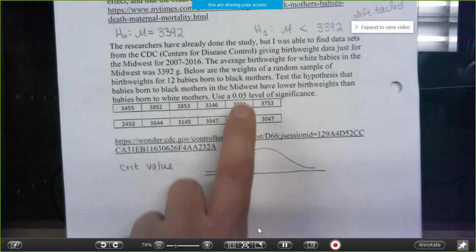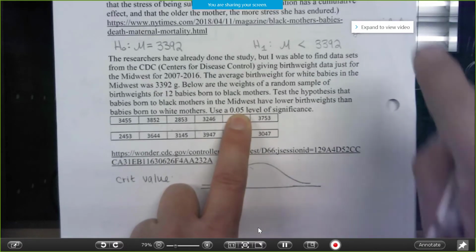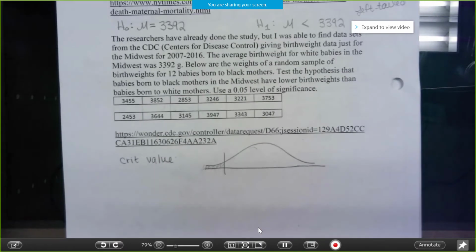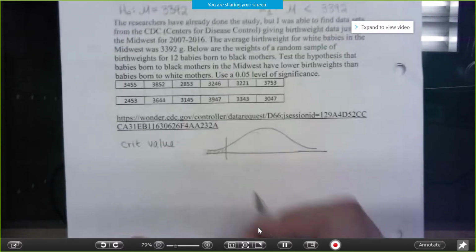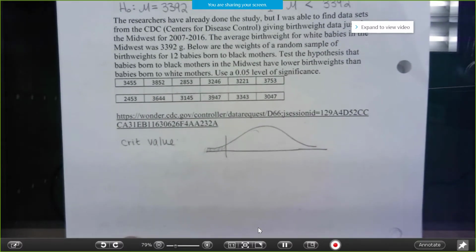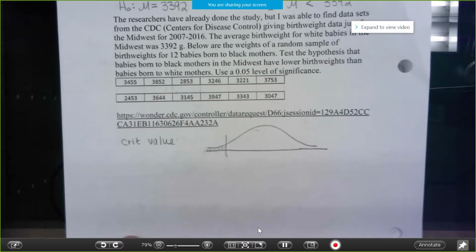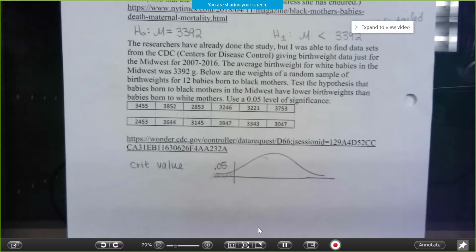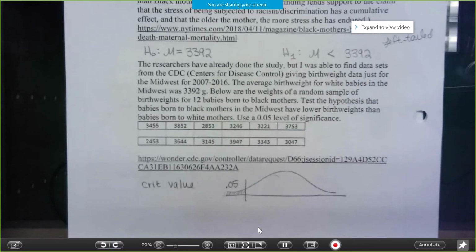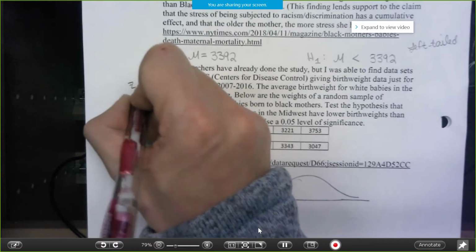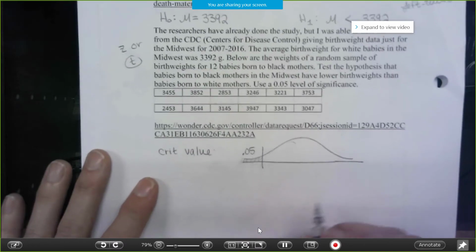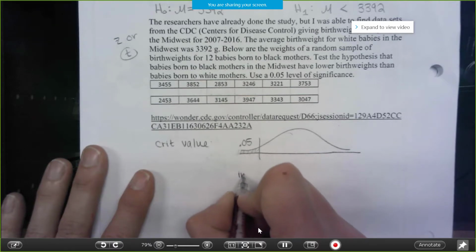Okay, so 0.05 level of significance, left-tailed test. So only one tail, we don't draw it on both sides. And what should be the area of that tail? 0.05. Are we using Z or T? T, because they don't tell us the population standard deviation. Okay. So I am going to have to do invT.